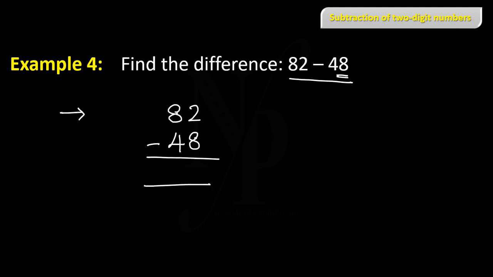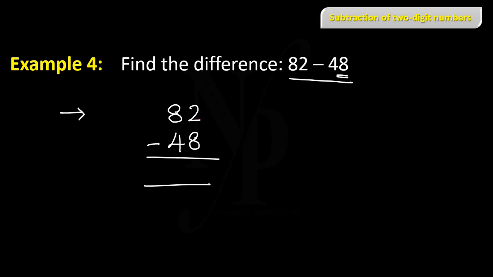Again here 8 is greater than 2, which cannot be subtracted from 2. What do we do here? We will rearrange or regroup the numbers. This 8 tens can be written as 7 tens plus 1 ten, and this 1 ten is borrowed to the ones column, which becomes 12.